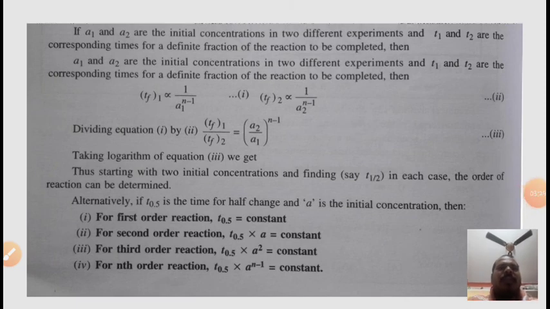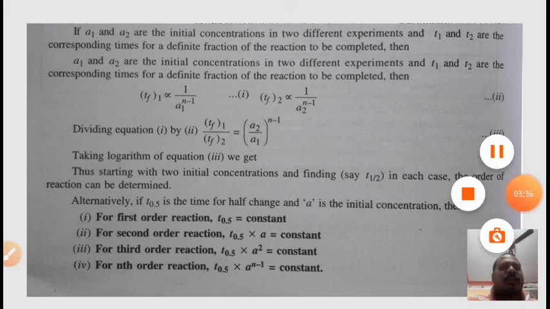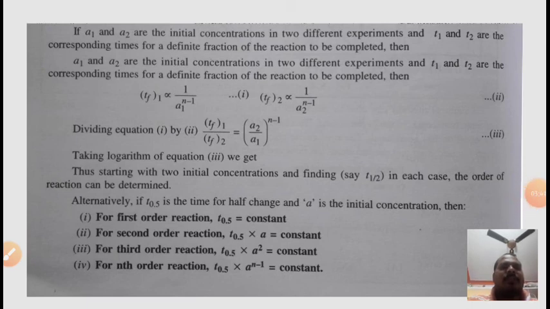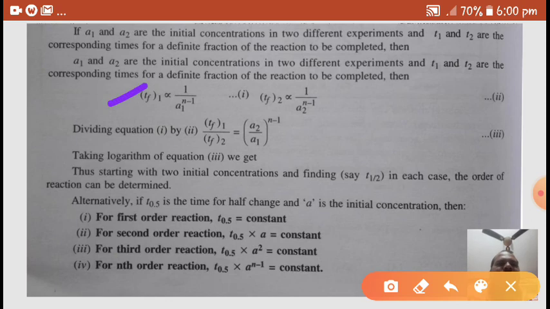So if a1 and a2 are the initial concentrations in two different experiments, and t1 and t2 are the corresponding times for a definite fraction of the reaction to be completed, then the relation would be like this: t1 is proportional to 1 by a1 to the power of n minus 1, and t2 is proportional to 1 by a2 to the power of n minus 1.